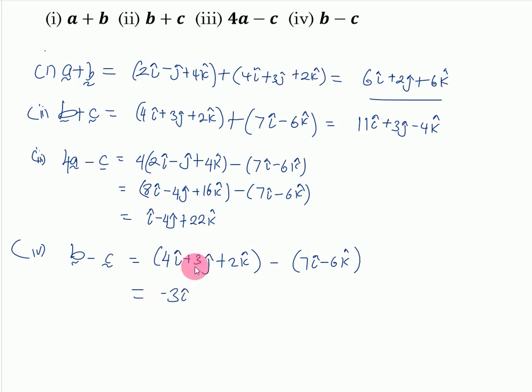Then you have 3j minus c. There is nothing to subtract there, so I have plus 3j. Then when it comes to k, we have 2k minus negative 6k, so this is plus 8k. That is what we have for b minus c as a vector.